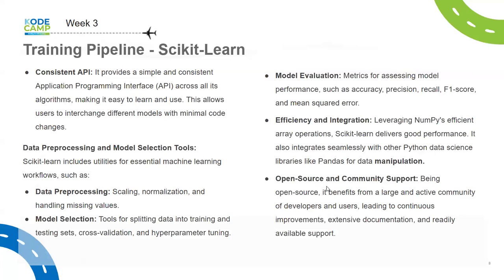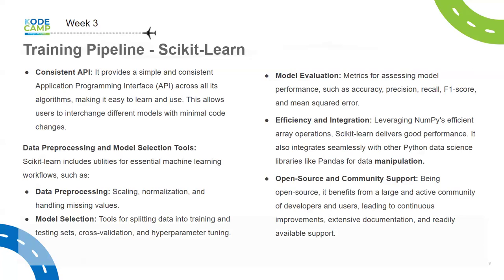The other thing that sklearn gives to us is what we call a training pipeline. So it allows you to use a single pipeline that you build for training, right? And the training pipeline is not just the model itself, but even the data preprocessing.